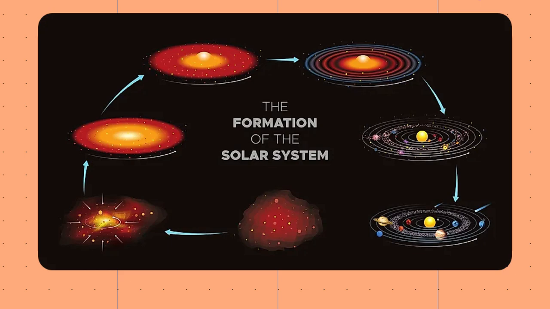So first of all, if we start from this first stage of the solar system, so right here we have something which is known as a nebula. और nebula का क्या मतलब है, what is it really? This is just some clouds of gas and dust.